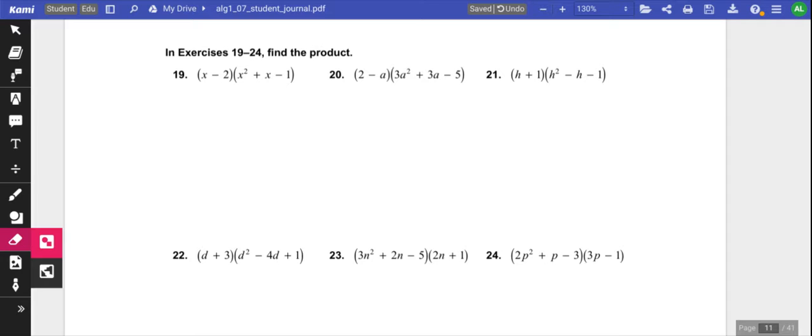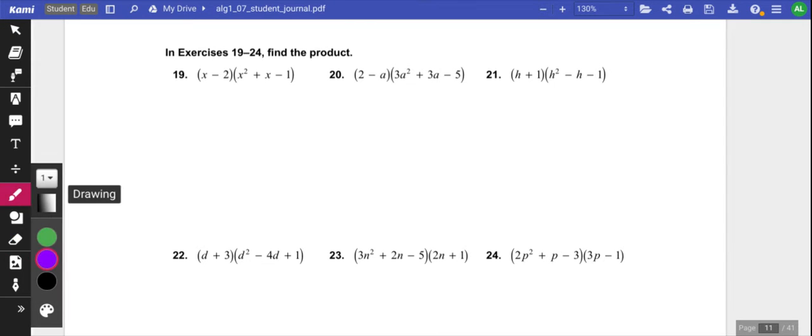One of the main mistakes that people make with this type of problem is they think, oh, awesome, I'm going to go back and use FOIL. I'm going to show you how that's going to mess up your problem. Let's look over here at 21. Let's say I said, all right, cool, I'm going to FOIL.